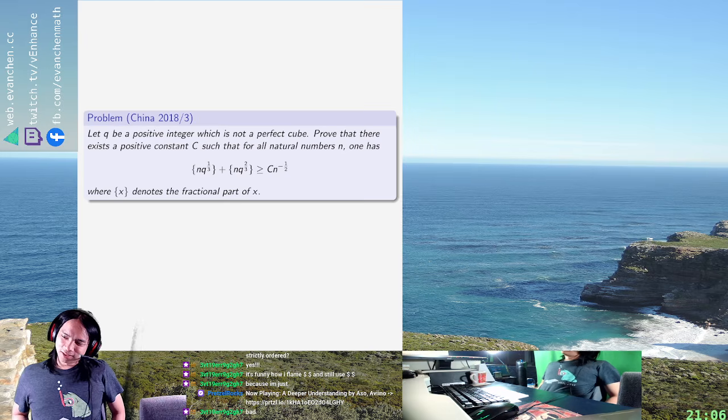So, I guess this is really more like a min, right? You want to say that if one of the fractional parts is really, really small in terms of n, then you want the other fractional part to not be too small. So I guess my question is, how do I relate them?